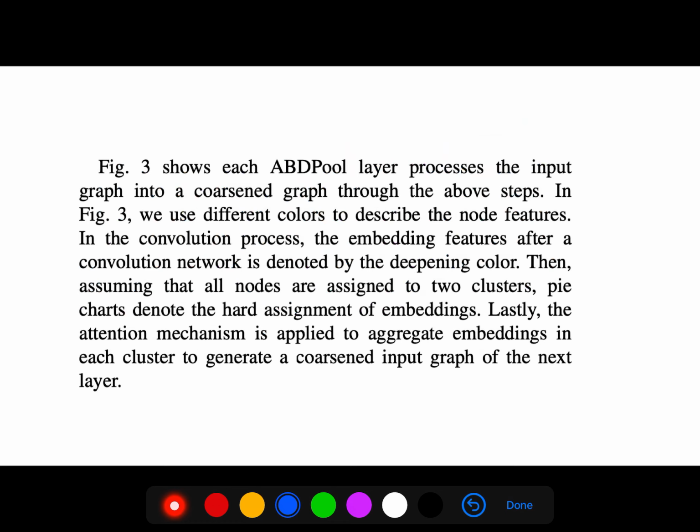In the convolution process, the embedding feature after a convolution network is denoted by a deepening color. Then, assuming that all nodes are assigned to two clusters, pie charts denote the hard assignment of the embedding. Lastly, the attention mechanism is applied to aggregate embedding in each cluster to generate a coarsened input graph.